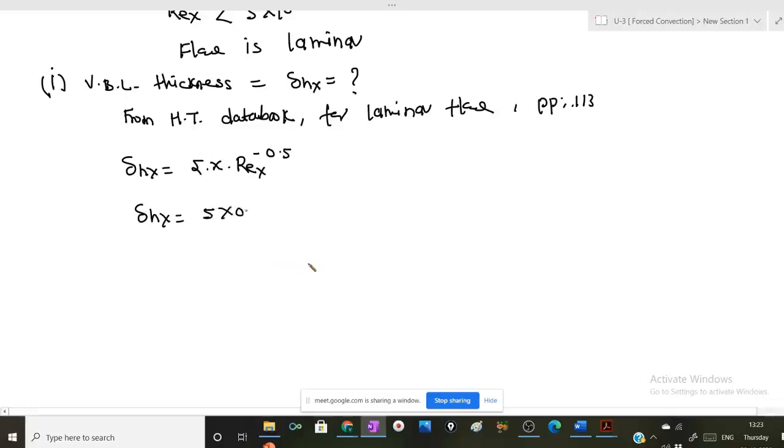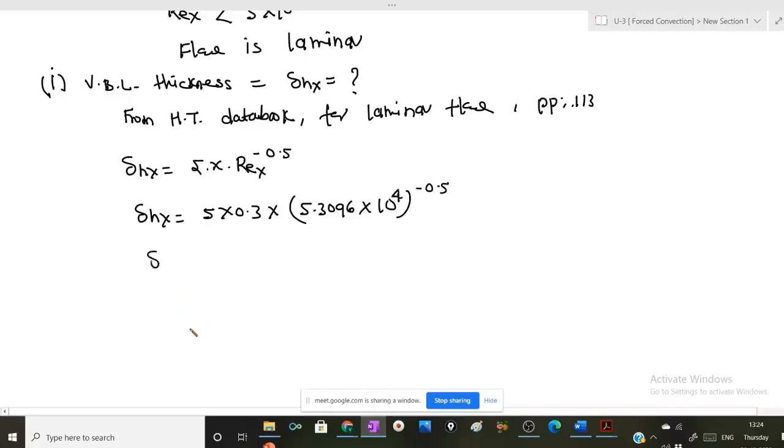So delta Hx equals 5 into 0.3 into the Reynolds number, which I got as 5.3096 into 10 to power 4, raised to the power minus 0.5.